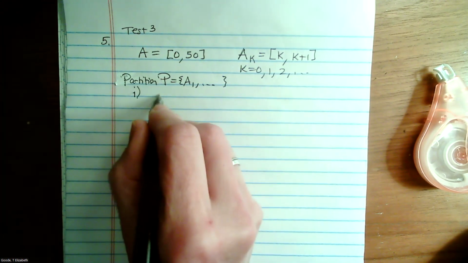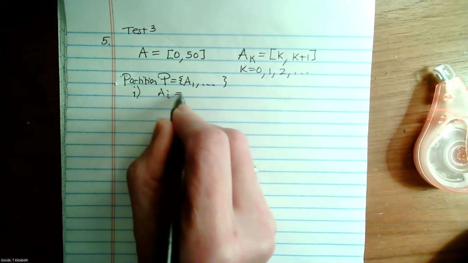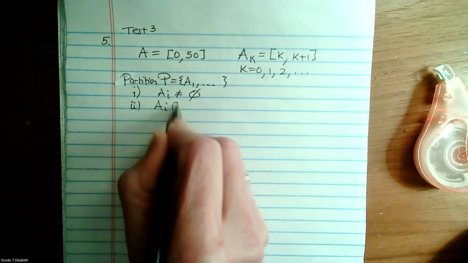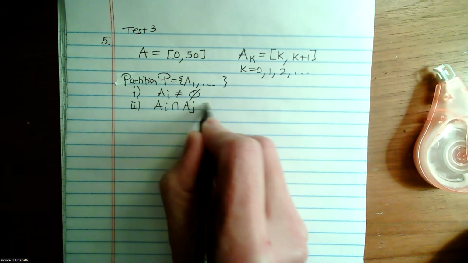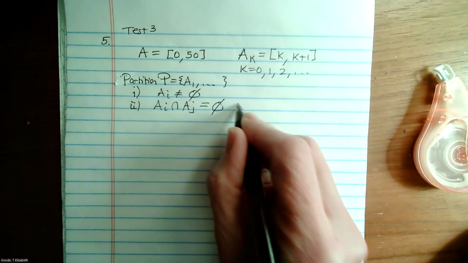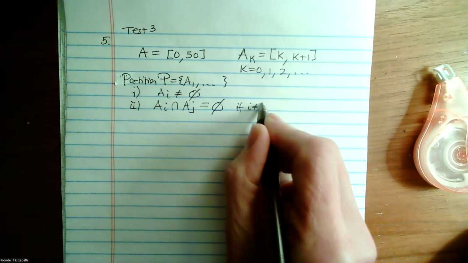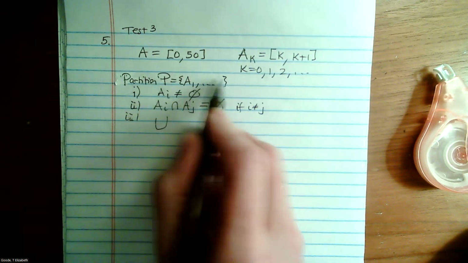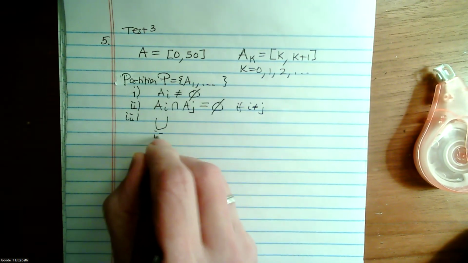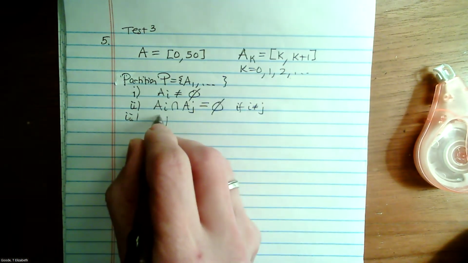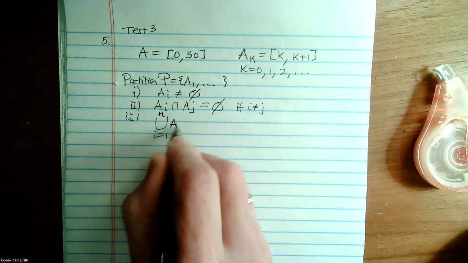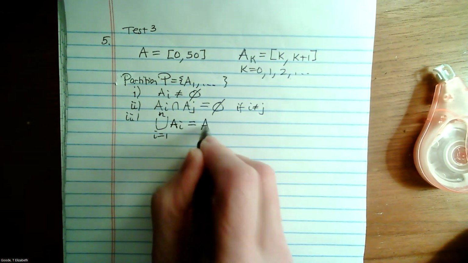The first thing is that each A sub i is not empty. The next thing is that if you've got A sub i and you intersect it with A sub j, that does need to be empty if i is not equal to j. And the third thing is if you take the union of all of the A sub whatevers, it could start at 1, but it could start at 0, up to however many there are. That union has to be all of A.